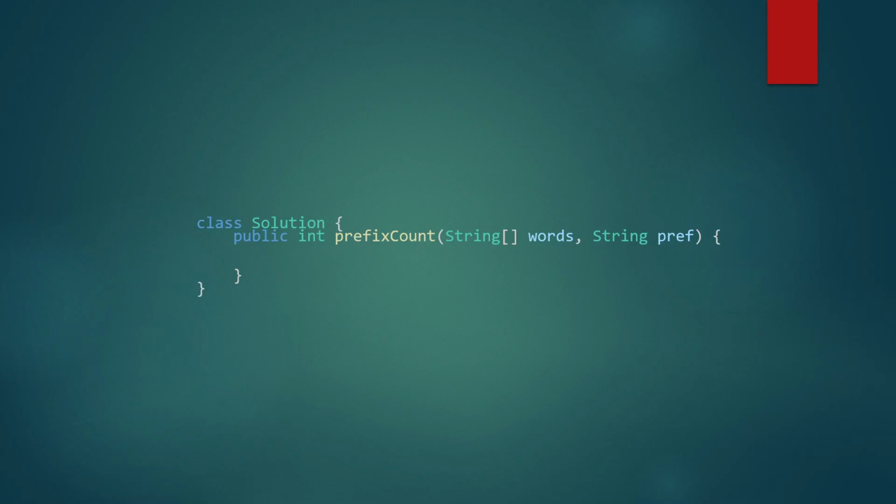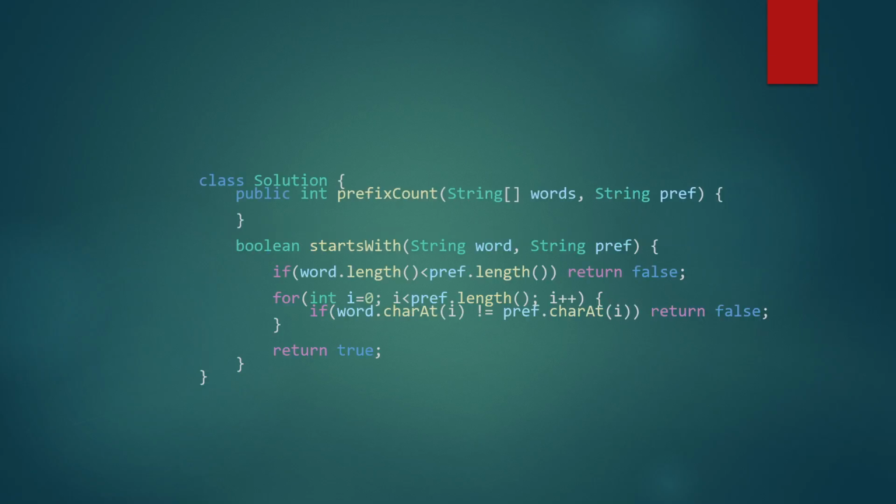Now in the LeetCode question, we have a class with a prefixCount method which they pass words and prefix to. We just have to complete this function. I've written a startsWith helper here, which checks whether a word contains the prefix or not.